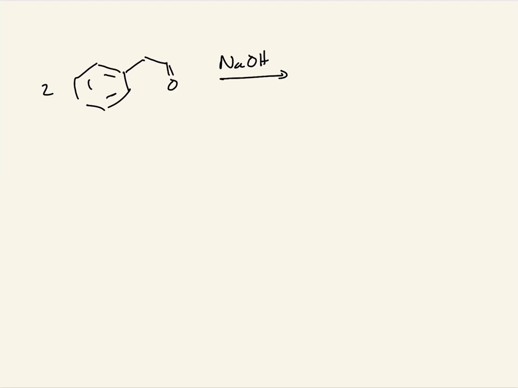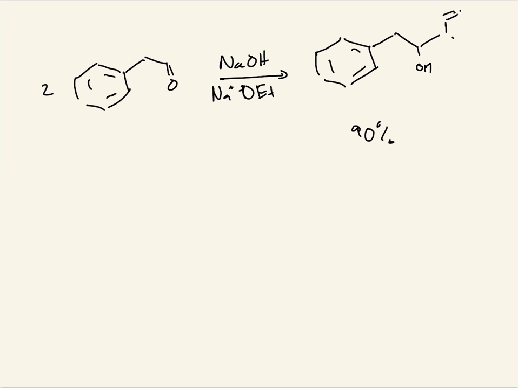So an example of this would be if we had phenyl acetaldehyde and we had two equivalents of this, and we put it in conditions to start condensation, then this would be 90% most likely favoring the formation of the products. Right?